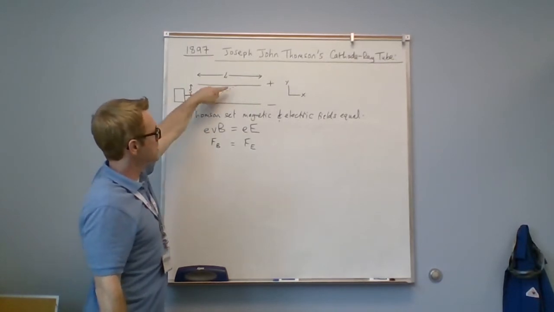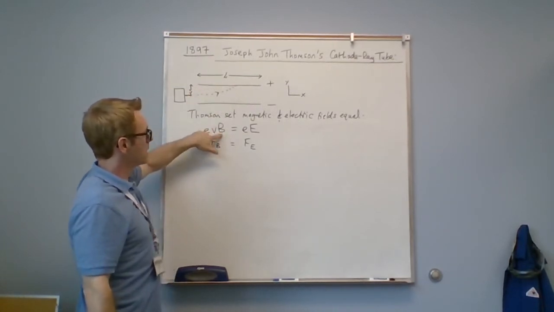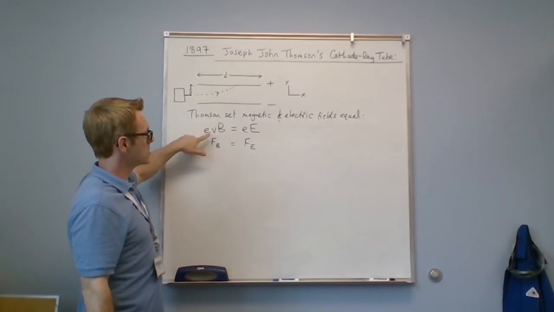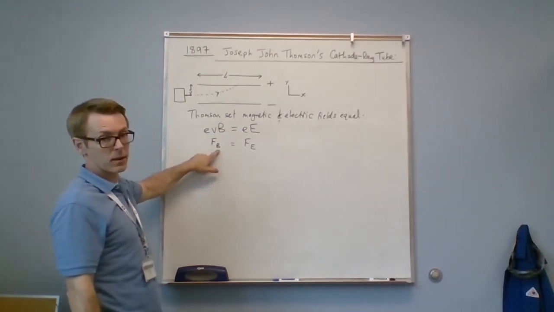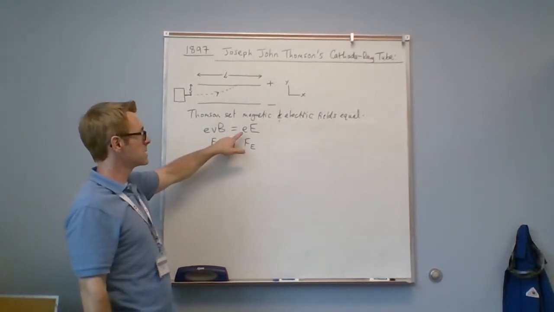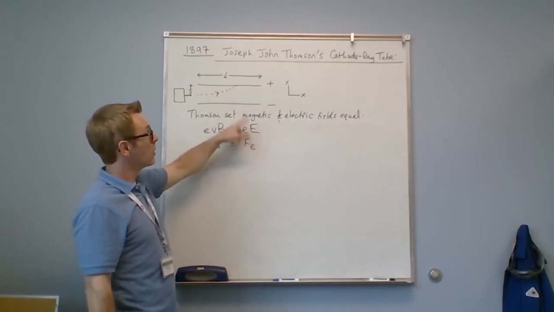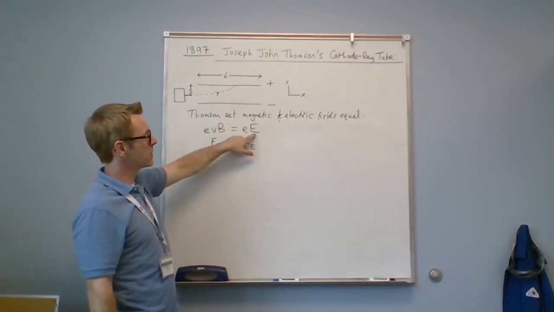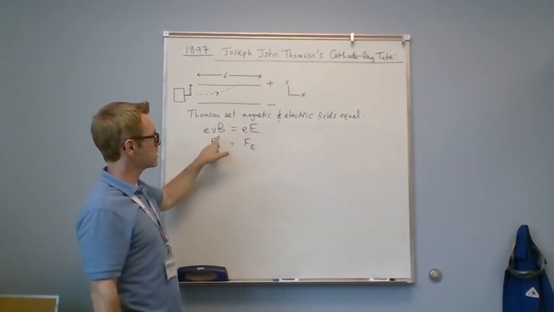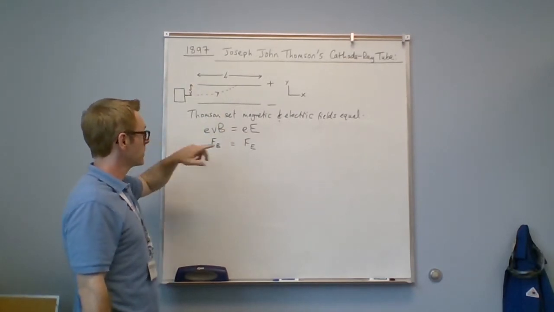V is the velocity of the electron. B is the magnetic field. So EVB is the force because of the magnetic field. E is the charge of the electron, or the cathode ray. E is the electric field. So we set these equal, or Thomson set them equal.